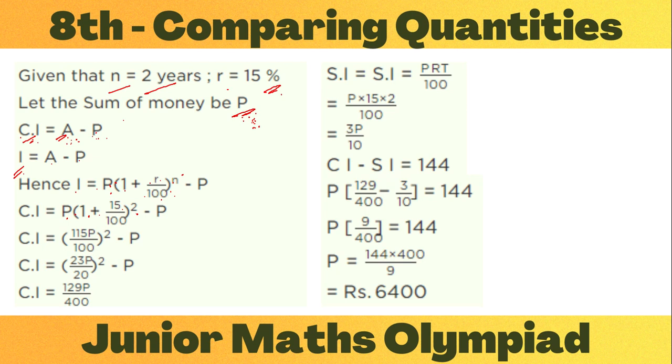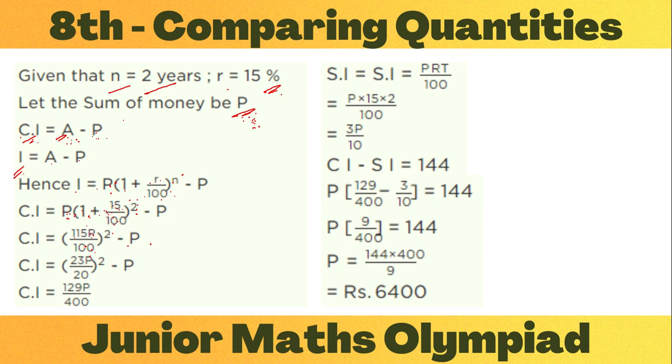So 100 into 1, 100 plus 15, 115. This P will come inside. If P comes inside, it becomes P square, but we are having a whole square, so we can take only P. So 115 P by 100 whole square minus P.